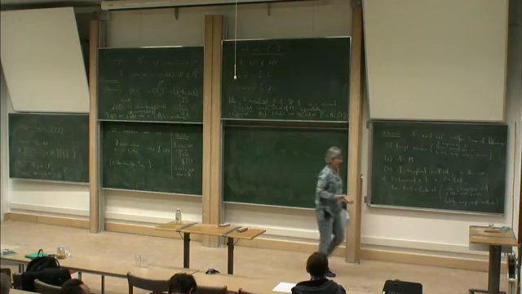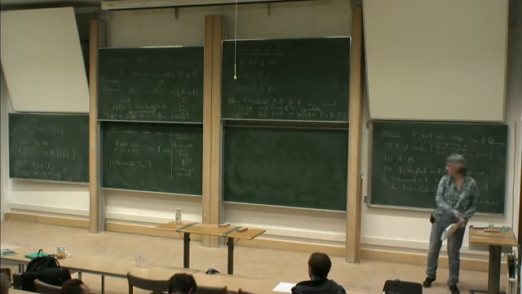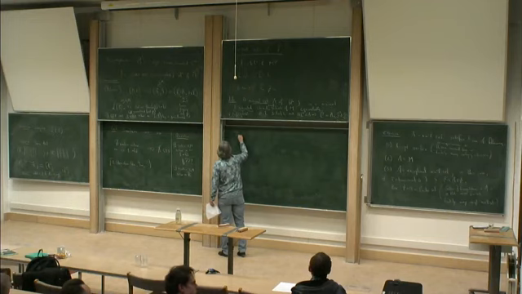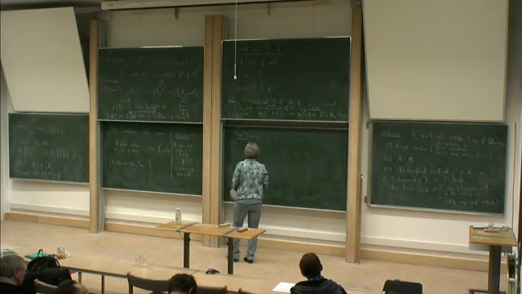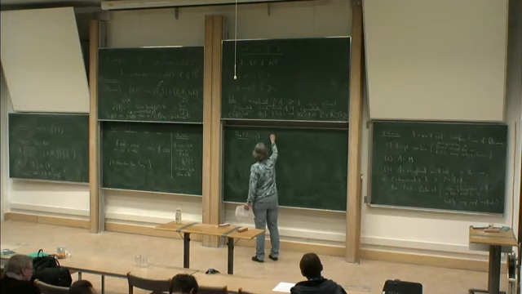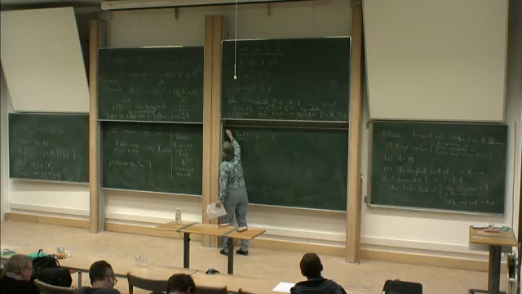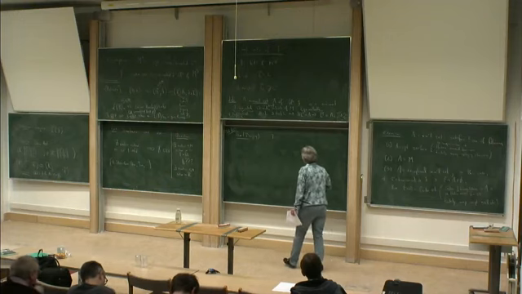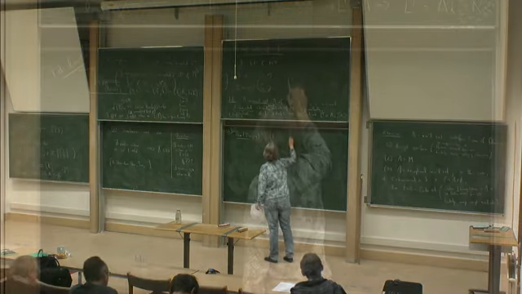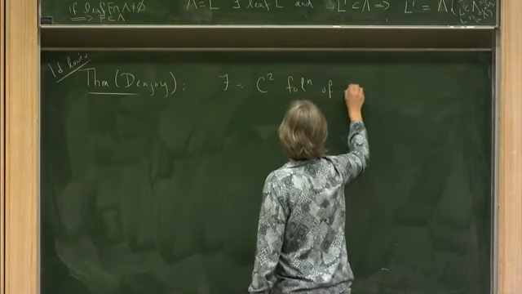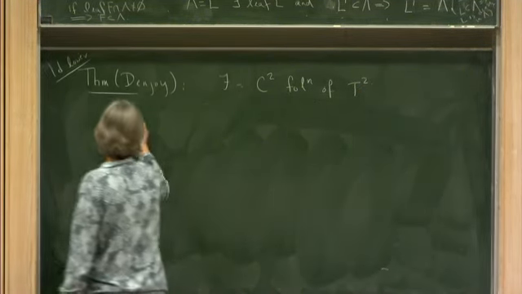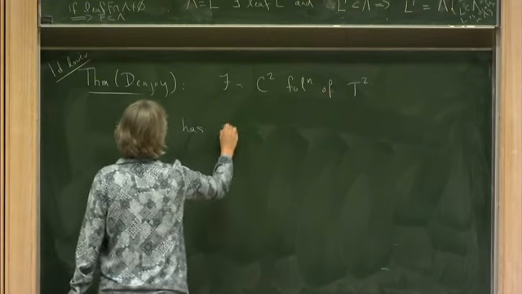Okay, so now we're set up to state a nice theorem of Denjoy. He proved that if you have a C2 codimension 1 foliation of T2, we're one dimension lower, thinking in the torus, genus 1, so that we actually have a foliation, then F has no exceptional minimal sets.